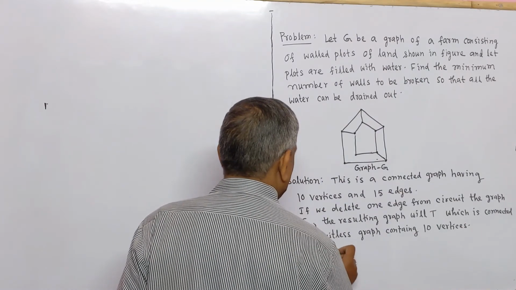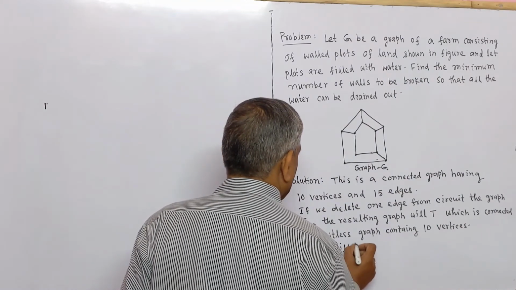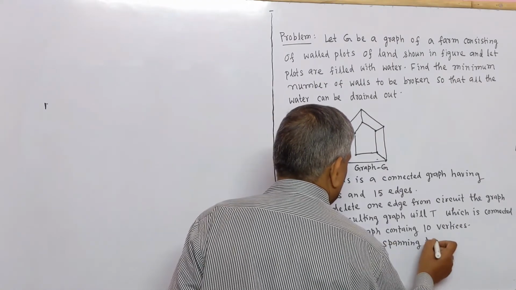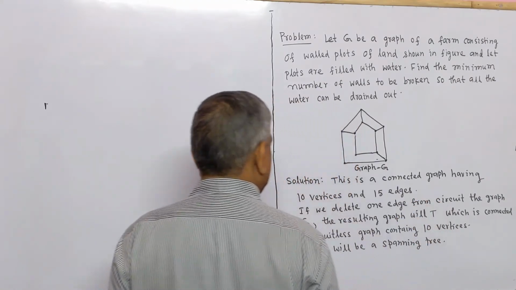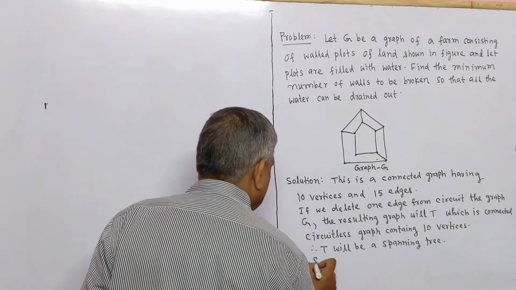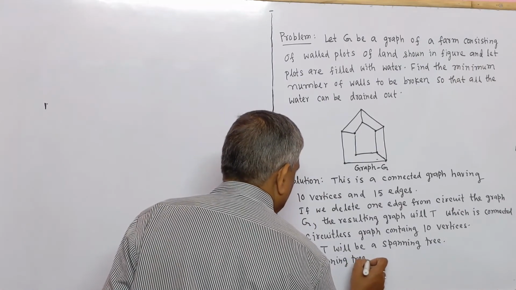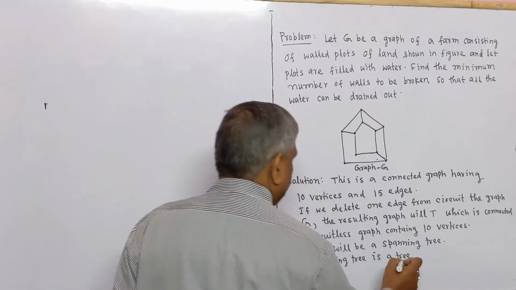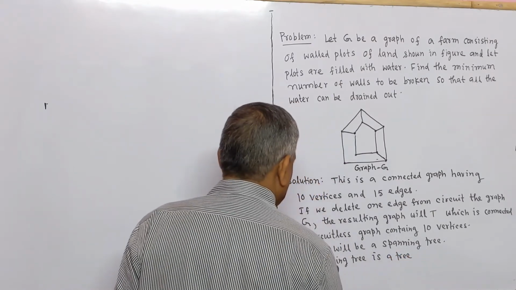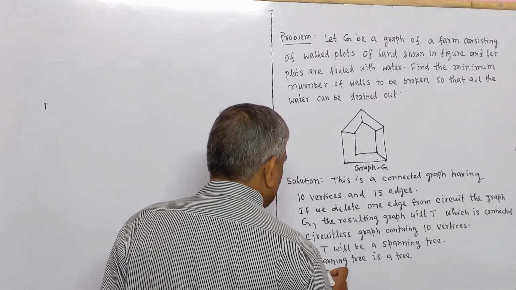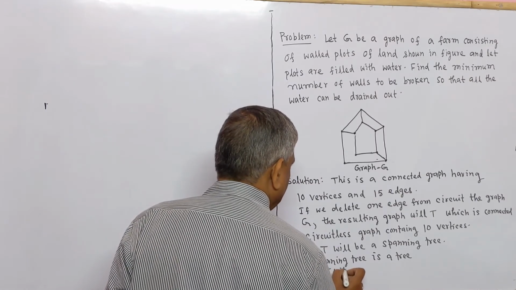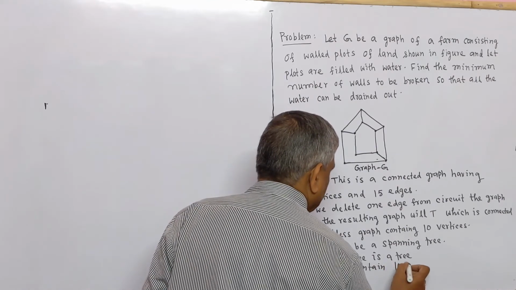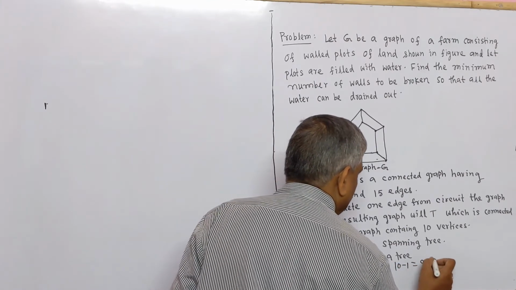Therefore, T will be a spanning tree. A spanning tree is a tree. Therefore, T will contain 10 minus 1 equal to 9 number of edges.